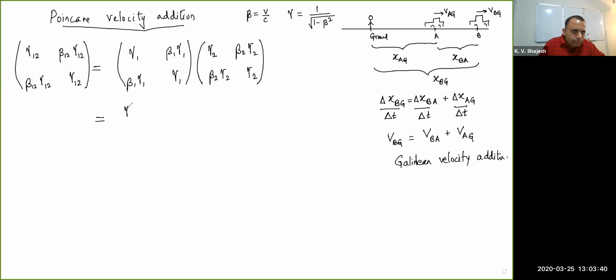So we have gamma 1 gamma 2 times 1 plus beta 1 beta 2 on the diagonal, and the off-diagonal term here is gamma 1 gamma 2 times beta 1 plus beta 2, and these quantities remain the same. It's a symmetric matrix.